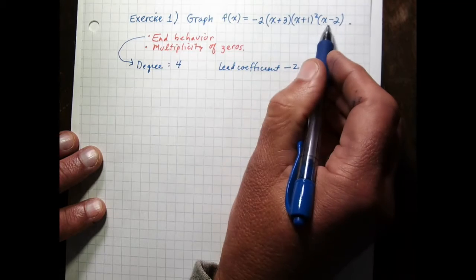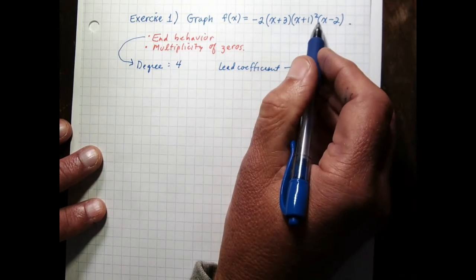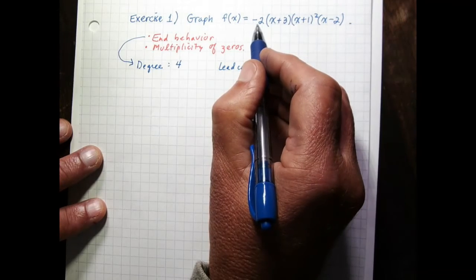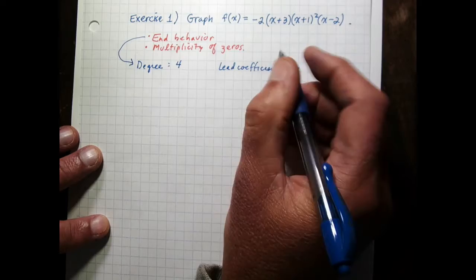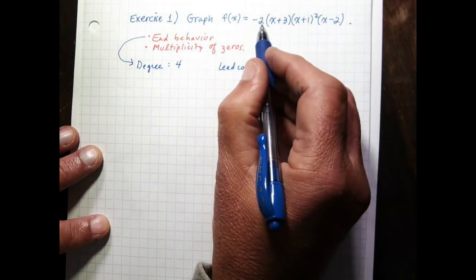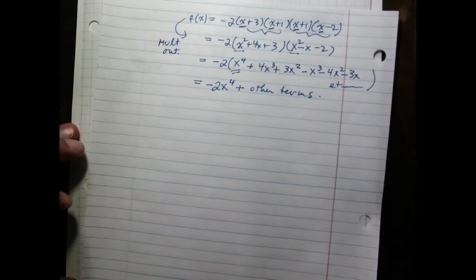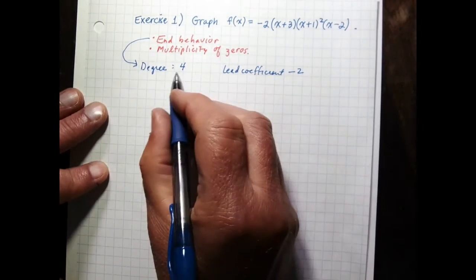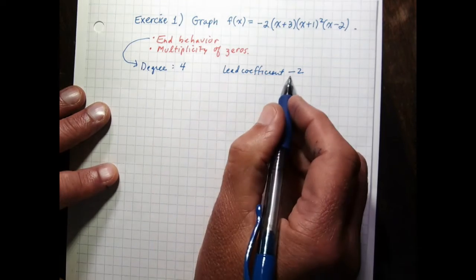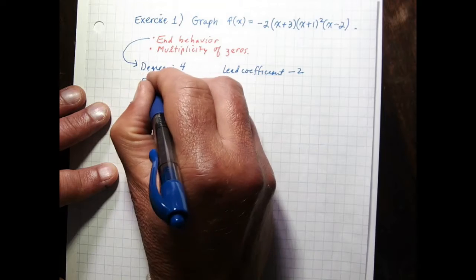That's where my x to the fourth comes from. From these, really there are 4 factors there. And then that will get multiplied by -2. So its leading term will be minus 2x to the fourth, kind of like I was saying here on this sheet.